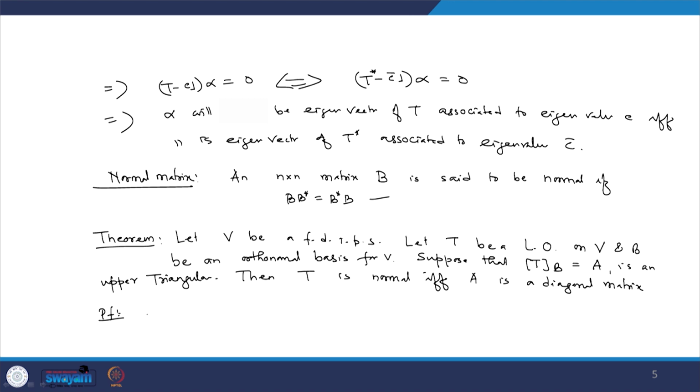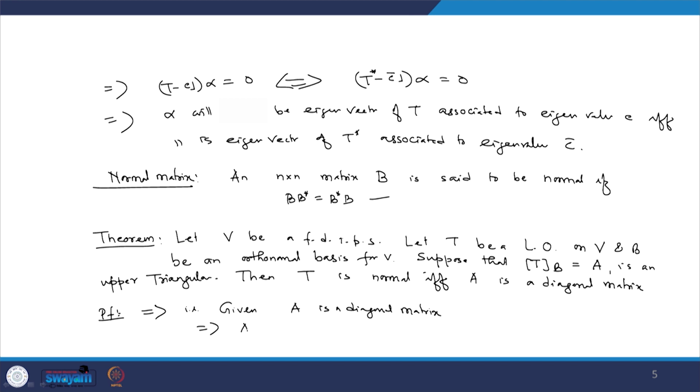Okay. Let me prove the first if part, that is given A is a diagonal matrix.